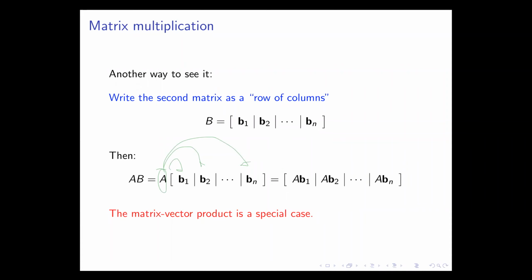So in the first column, we have vector AB1, in the second column, we have vector AB2, etc. And in the last column, we have vector A times Bn. Of course, the previous lecture material, when we only looked at the matrix-vector product, is a special case. Here we are simply taking that rule and applying it to every column of the matrix.